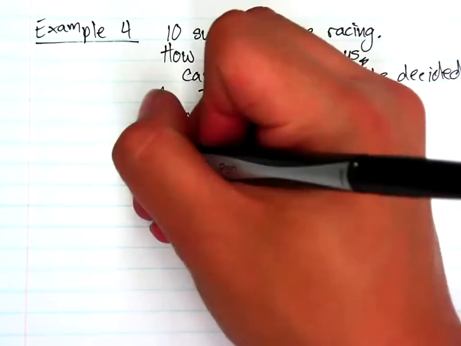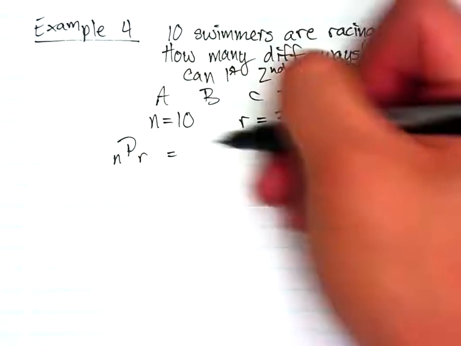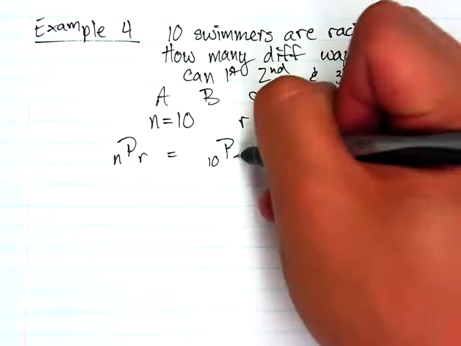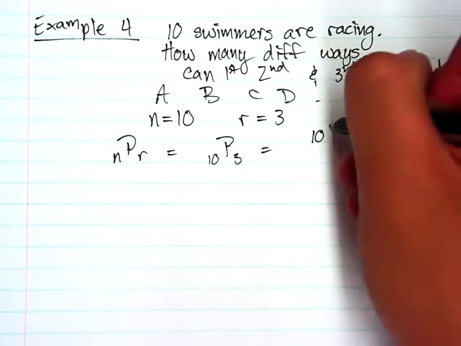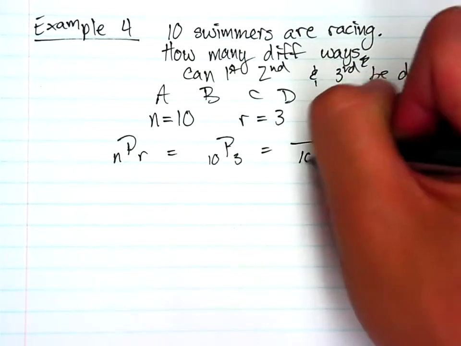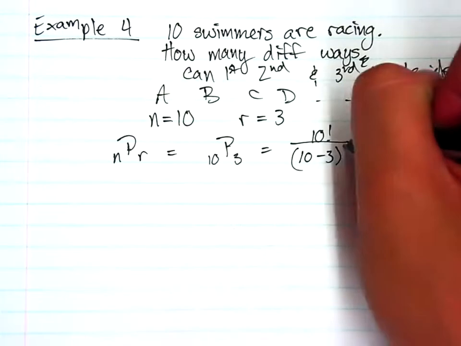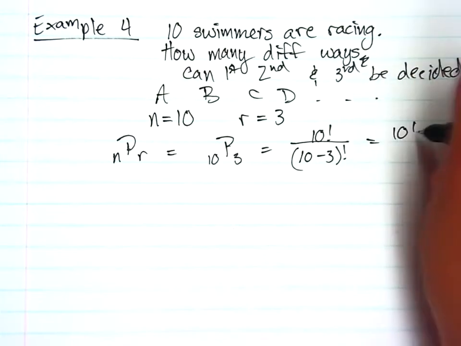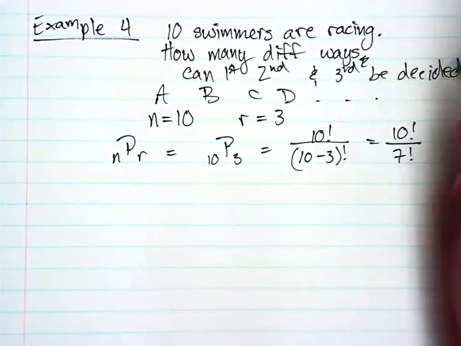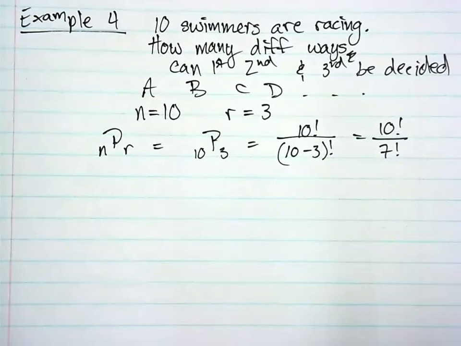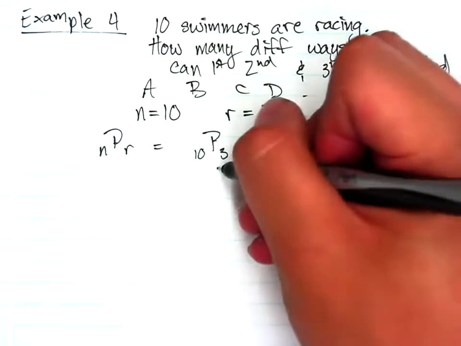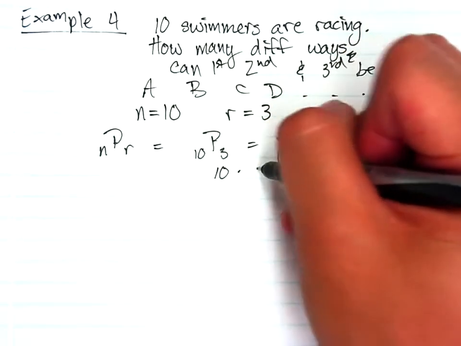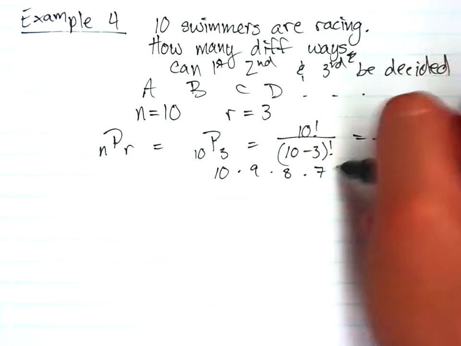So nPr is going to be 10P3. Written out, that will be 10 factorial over (10 minus 3) factorial. That's 10 factorial over 7 factorial. And just like from the last section, we learned that we can go ahead and cancel some things out. 10 factorial is the same thing as 10 times 9 times 8 times 7 factorial.